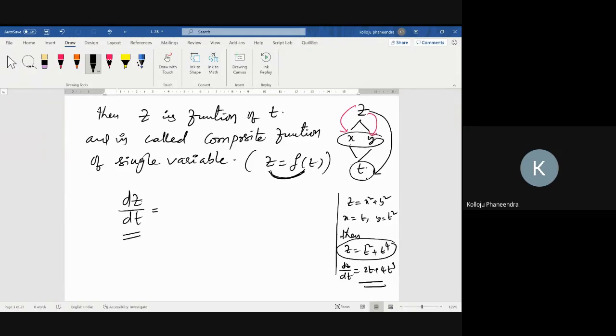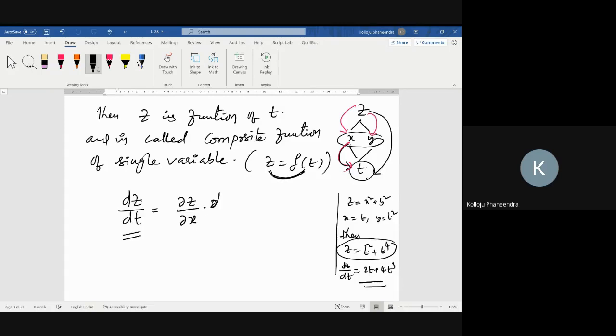Now coming to the right side to write the total derivative formula. First thing, what is z? Z is a function of two variables. Since z is a function of two variables, there must be a partial derivative with respect to x first. Then what is x? X is a function of t, a single variable.